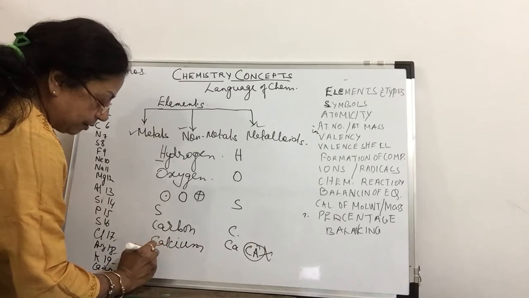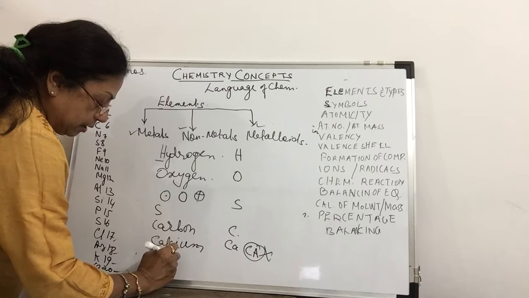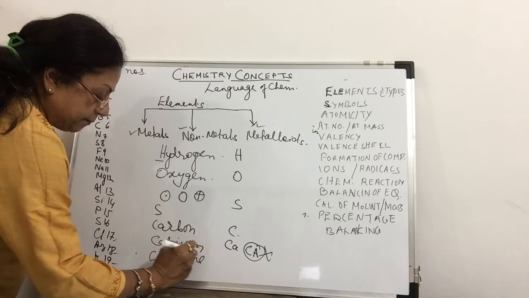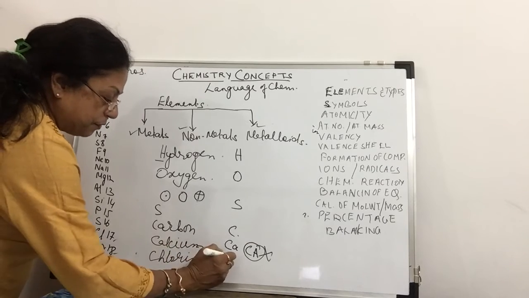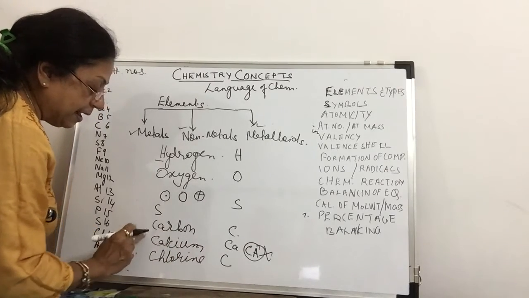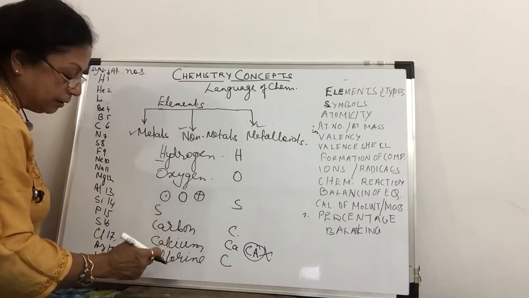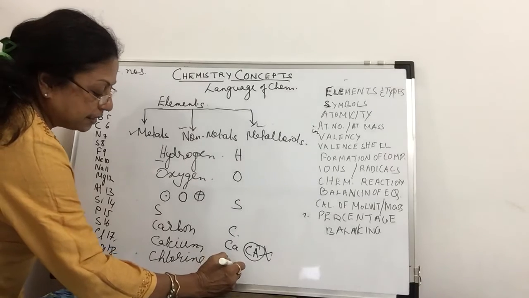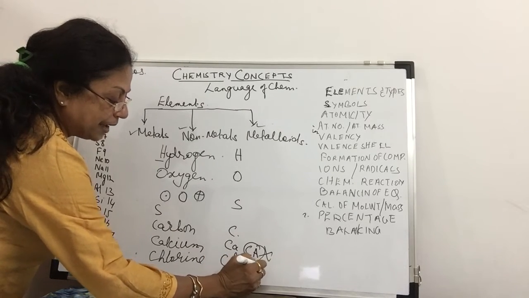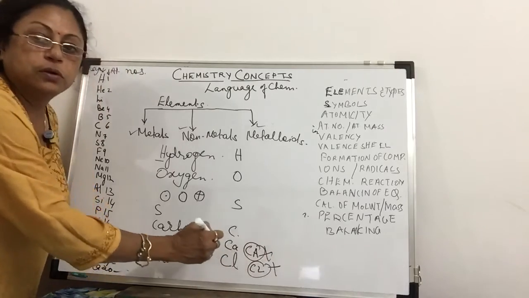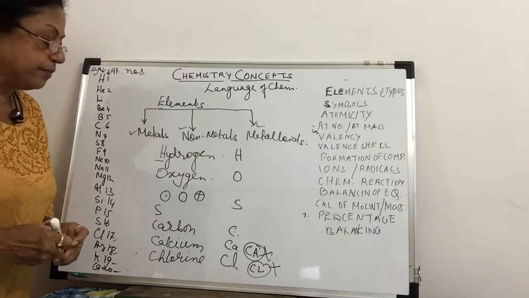Then comes chlorine, which also starts with C. If you put only C for chlorine, then carbon has the symbol C, so how will you differentiate? So it is C and small l. If you write C and capital L, this becomes wrong. This is how the elements were given symbols.